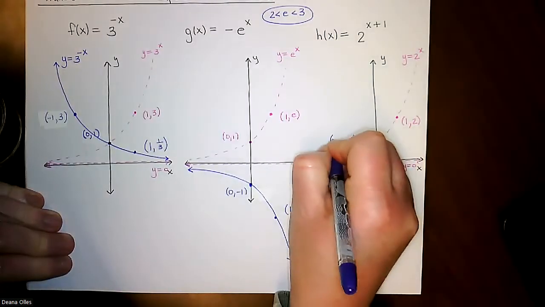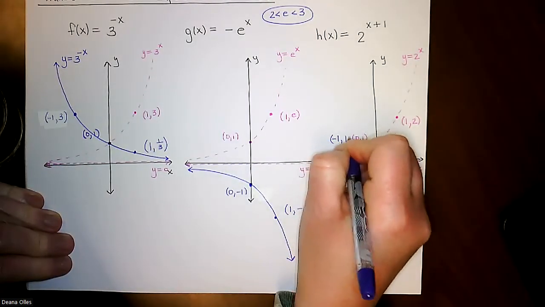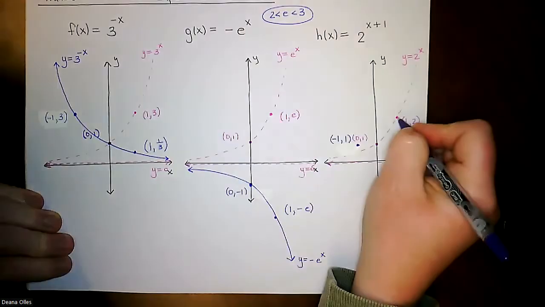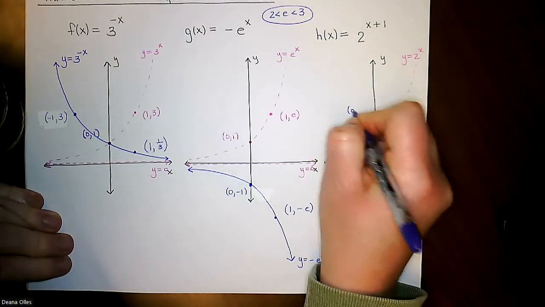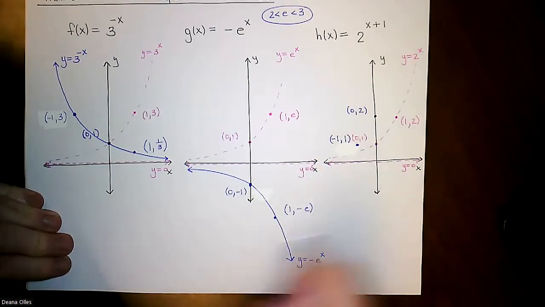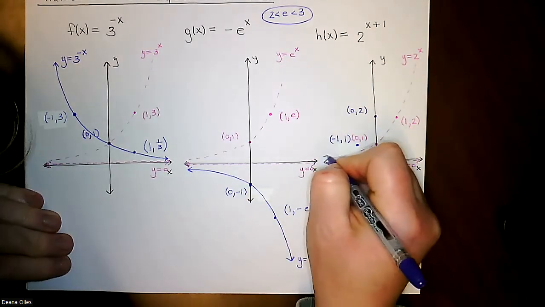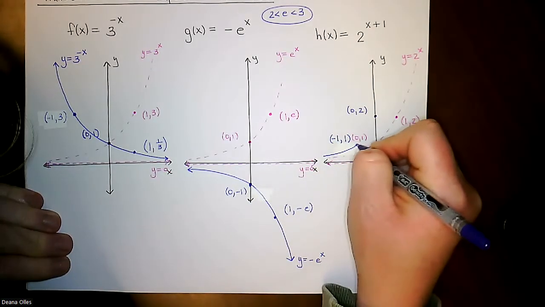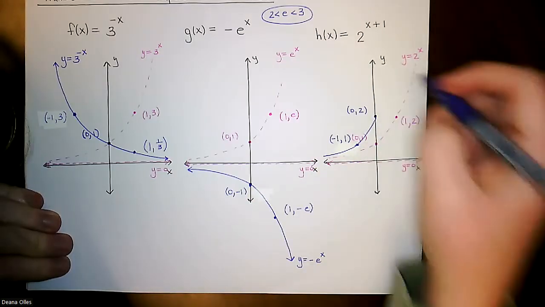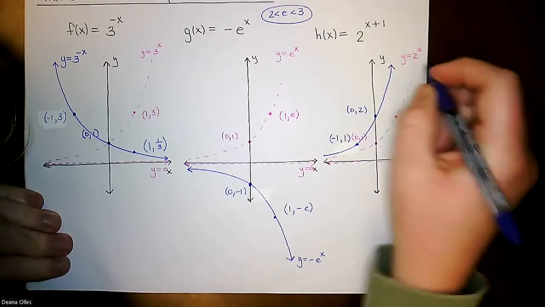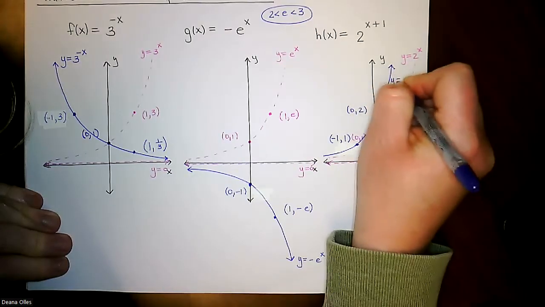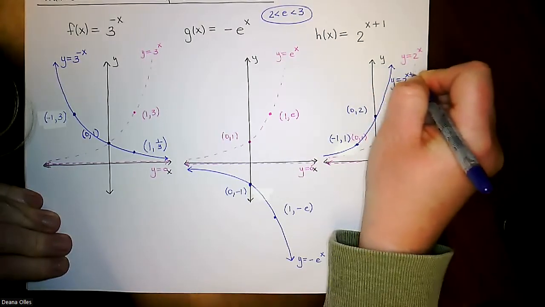So instead of 0, 1, we're going to be at negative 1, 1 because we moved to the left 1 unit. Instead of being at 1, 2, we will be at 0, 2, again shifting to the left 1 unit. And so then basically we just shift our graph over 1 unit. And we have y equals 2 to the x plus 1.